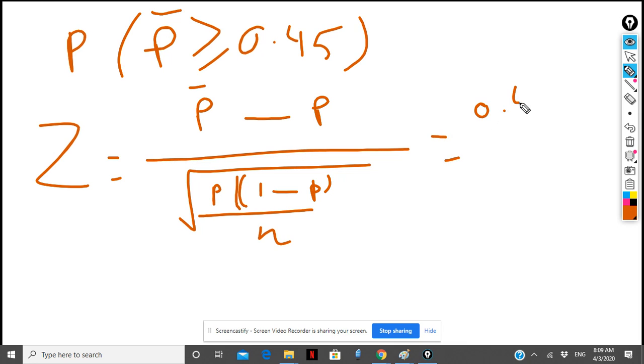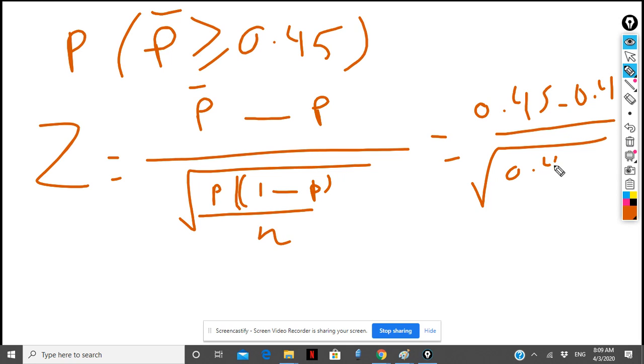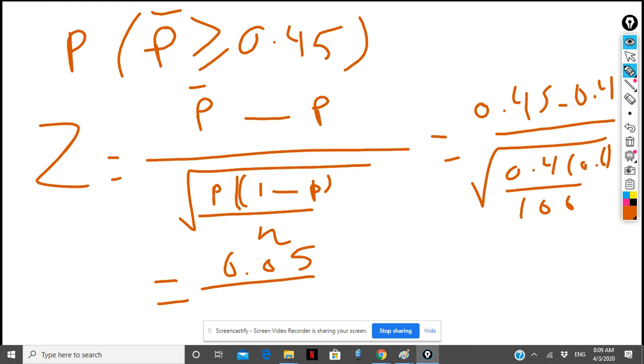That's 0.45 minus 0.4 divided by the square root of 0.4 times 0.6 divided by 100, which is 0.05 divided by 0.049, which is almost 1.02.